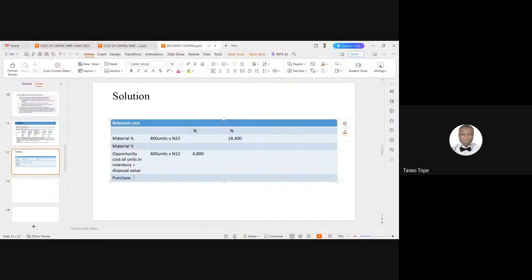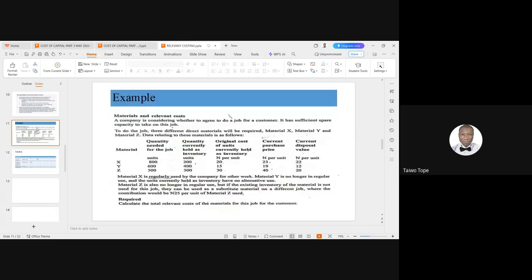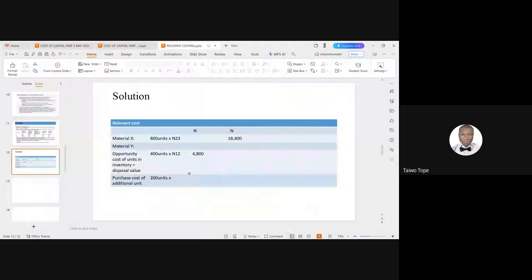Purchase cost of additional units will be 200 units multiplied by what? What is the current market price? The current market price is 19 naira.